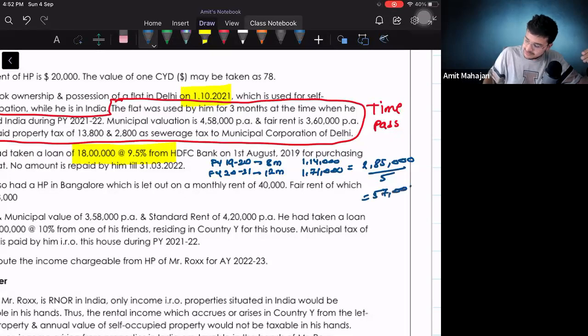So 57,000 I will get from the first year of construction, the first year in which the construction is completed. Construction was completed when? We assumed 1/10/2021. So basically in financial year 21-22 I will get 57,000 of pre-construction interest.